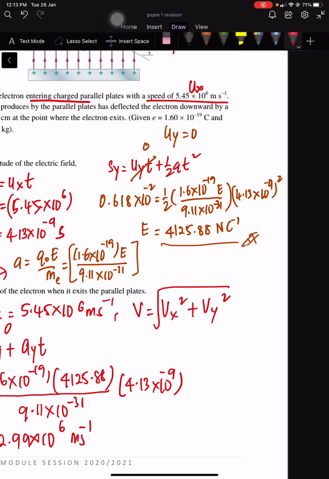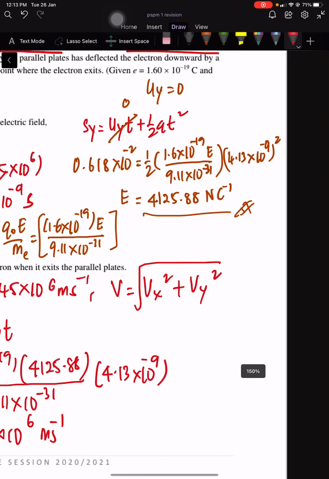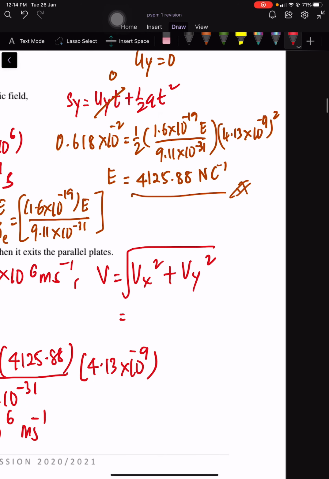Okay, substitute. Okay, kalau you takut, sebenarnya kalau kita tengok dekat sini, kalau ikut logik ni, ini adalah Vx, ini adalah Vy. So sepatutnya kita consider, kita dah tahu Vy ni sebenarnya adalah negatif. Kenapa negatif? Sebab direction dia adalah ke bawah. Okay, so kita masukkan dalam ni lah.